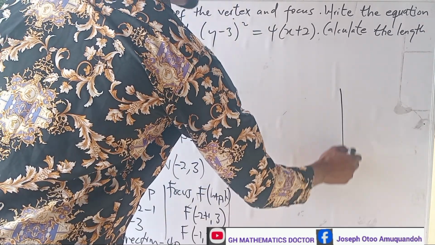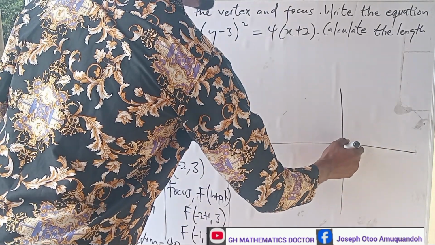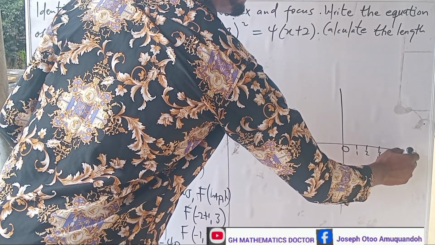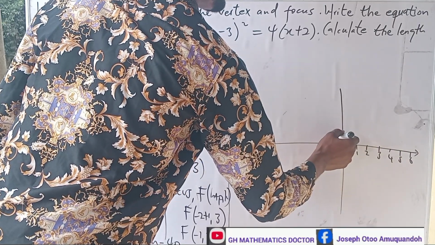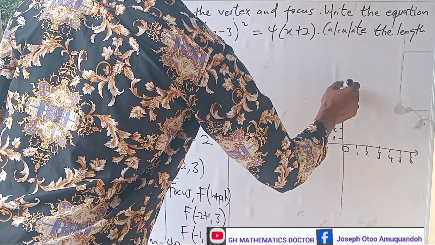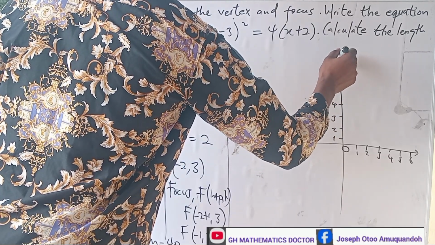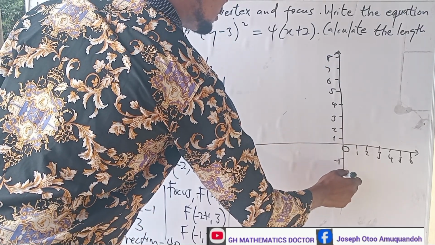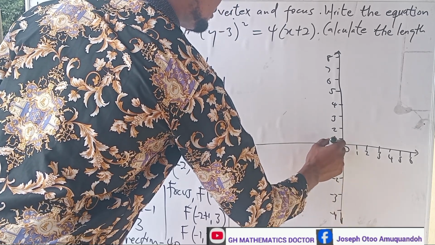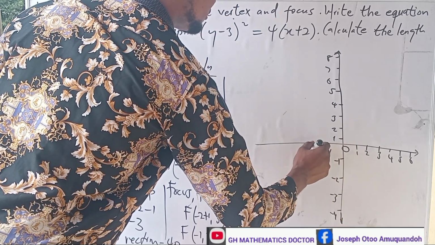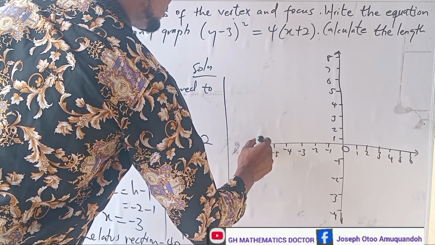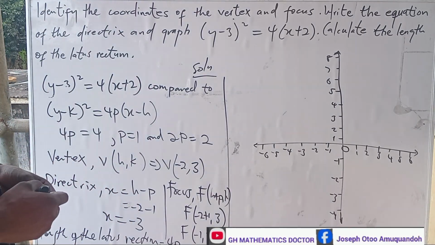Let's sketch our parabola. So we number the axis. All right, so we need to show our vertex on the parabola.